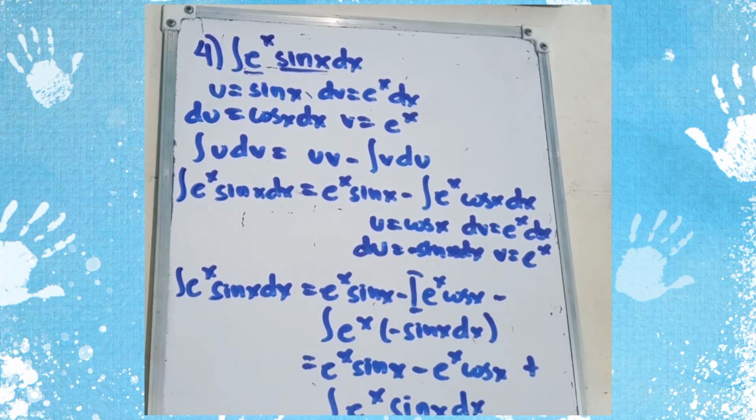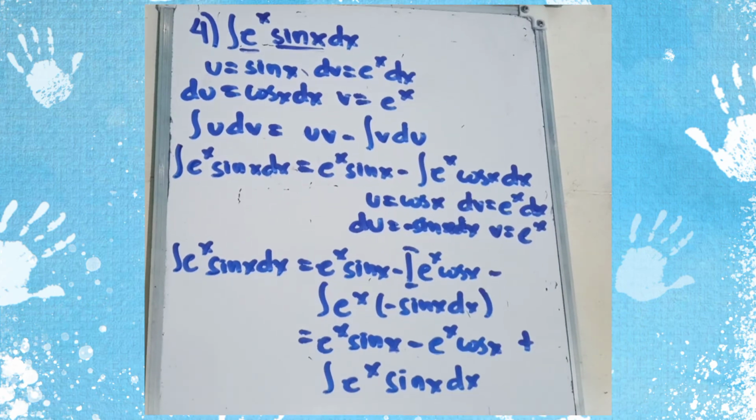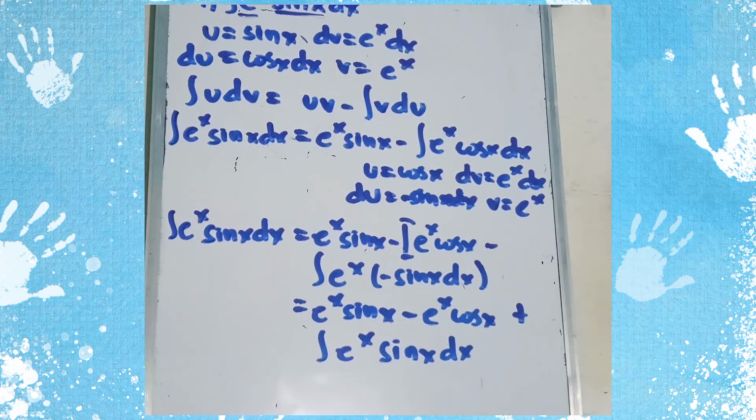So as you notice, we are still left with this answer. If we'll still be applying integration by parts for the third time, for sure we'll still be arriving with this answer.